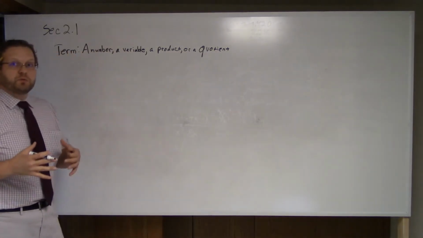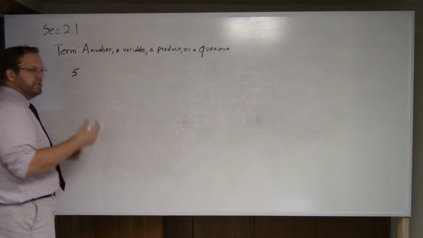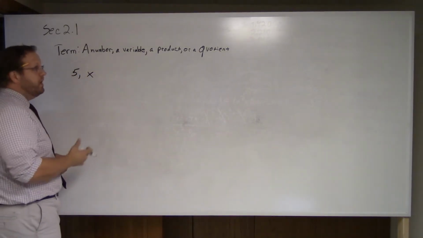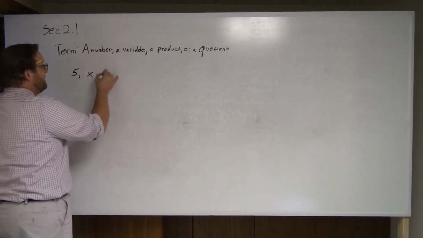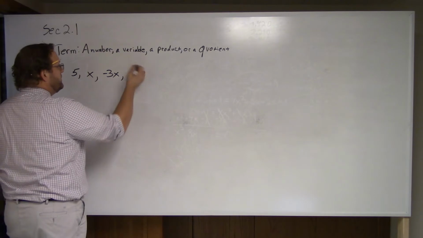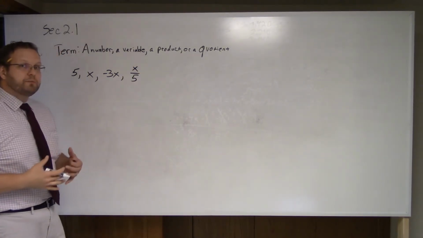Any of those things would denote just a single term. So a number could be a 5. That's a term. A variable could be an x. A product could be, like, let's say, a negative 3x. A quotient could be x over 5. Those are all examples of terms.